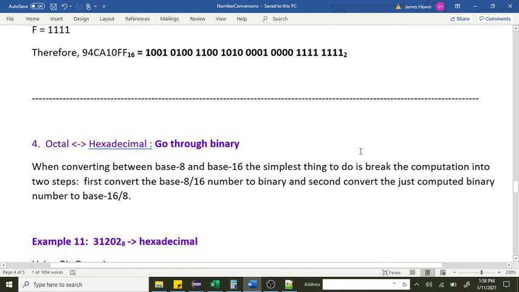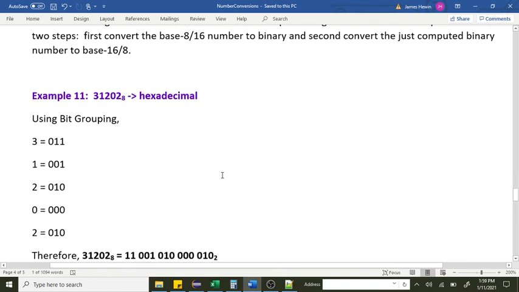Now the last category is going in between octal and hex, and I recommend going through the binary intermediate step. If you want to go between base 8 and base 16, here's a base 8 number, 31202.